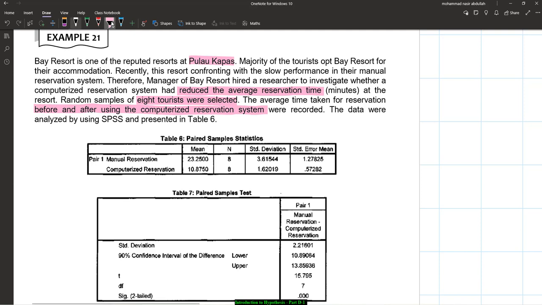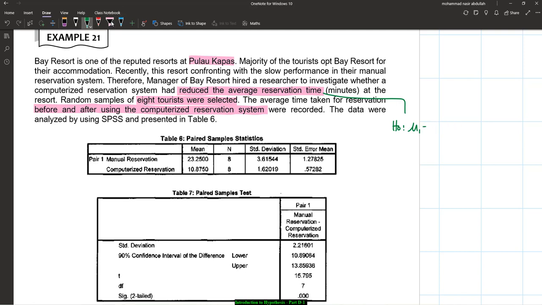So in this statement, we know that they want to know whether the new computerized reservation system reduces the average reservation time. So null hypothesis, mu1 minus mu2 is equal to 0, right? Or we can say that mu1 equals mu2, right?